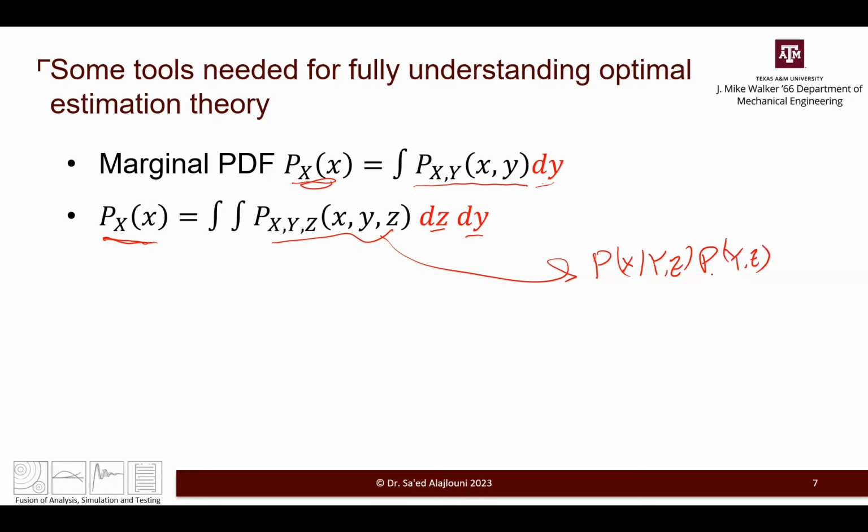And then you could say the probability of y and z is the probability of y given z times the probability of z. But now just forget that. I'm talking about the joint PDF, just the joint PDF. You can express that in different ways using Bayes' rule.